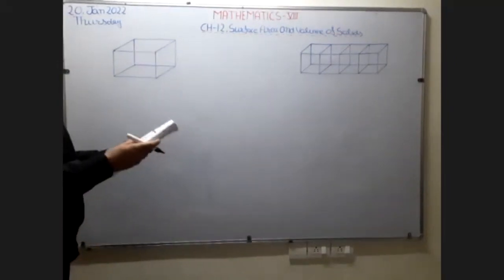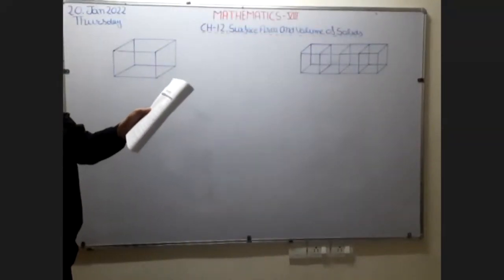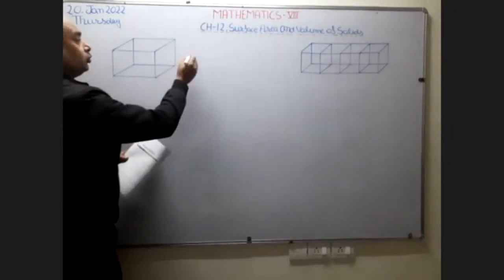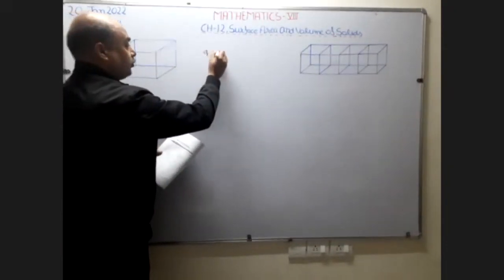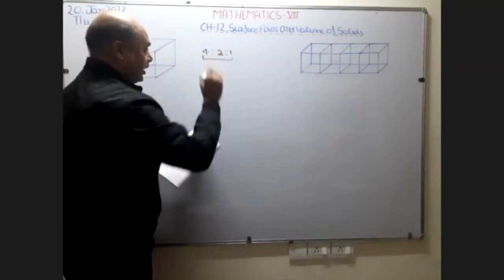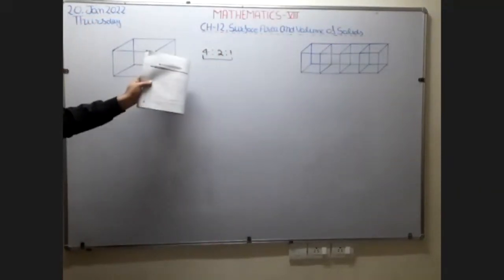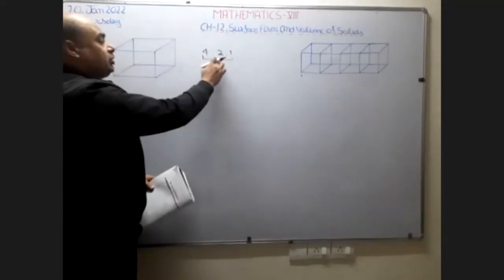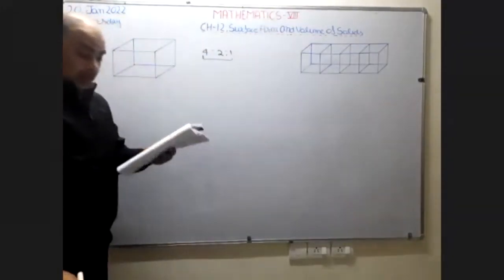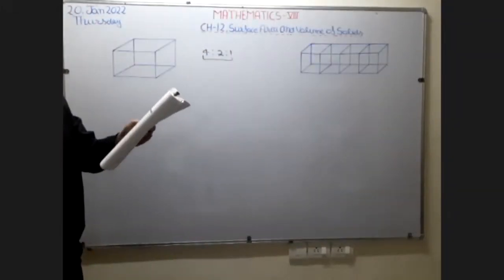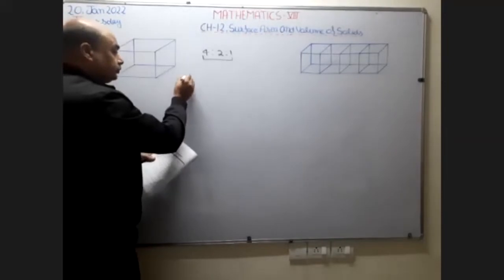Now question number 7. Length, breadth, and height of the cuboid are given in the ratio 4:2:1. Okay. Ratio of the dimensions of the cuboid is given. It means this one is length, this one is your breadth, and this one is your height. And the total surface area of the cuboid is also given.